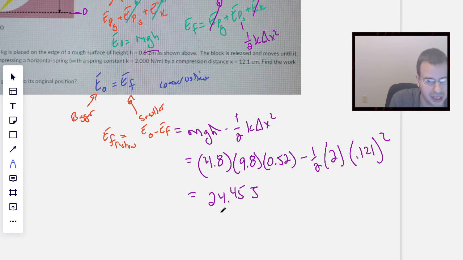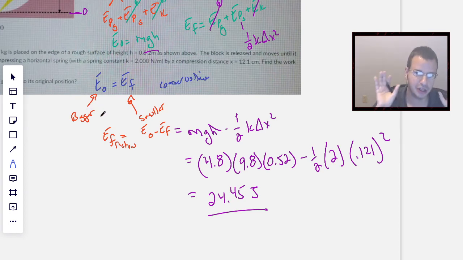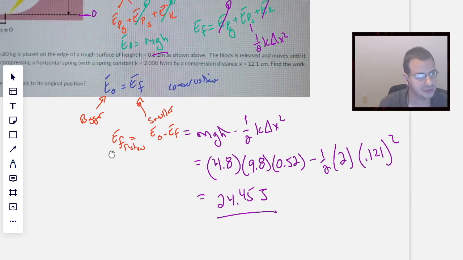That means the difference between our initial energy, how much we started with, and how much we ended with, is 24.45 joules, because we assume that the energy due to friction was lost. That friction, that heat, that sound, whatever, those vibrations, were lost to the rest of the world, no longer in our system. That was due to friction.